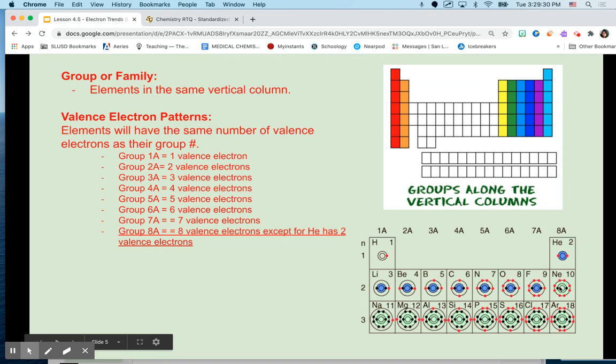So they're not going to want to lose or gain any valence electrons, right? Even helium that has 2 valence electrons, that first ring only fits 2 anyways. So it doesn't want to get rid of any electrons, nor does it want to gain any electrons because it already has a full ring. These elements tend not to want to have a charge or become any ions.